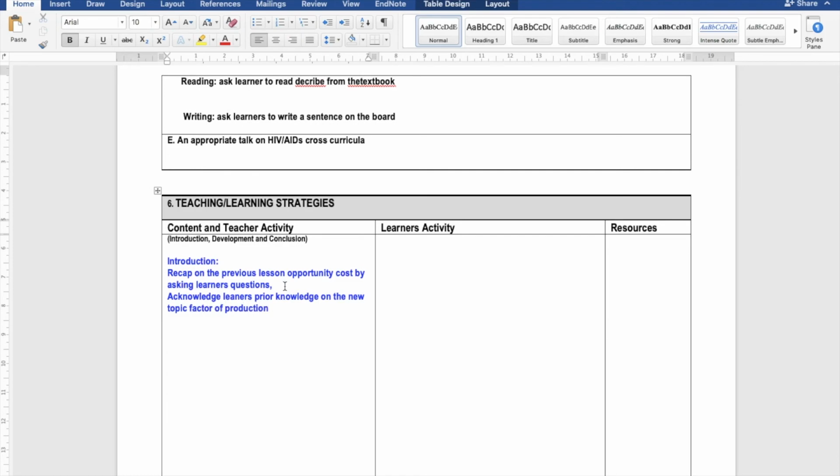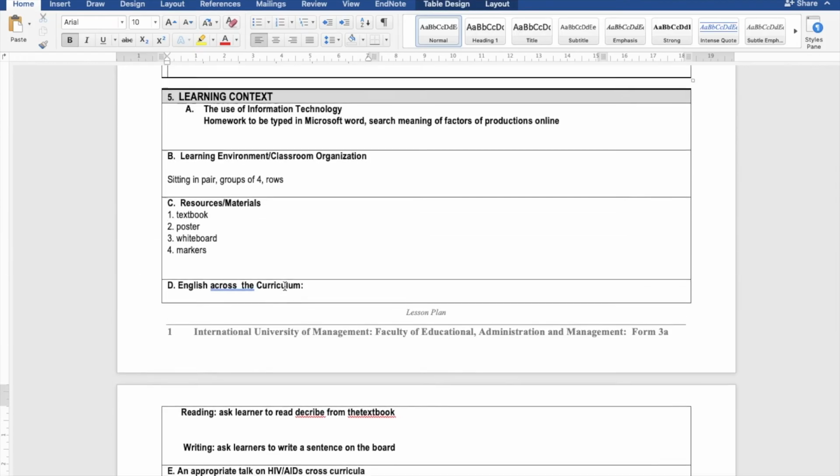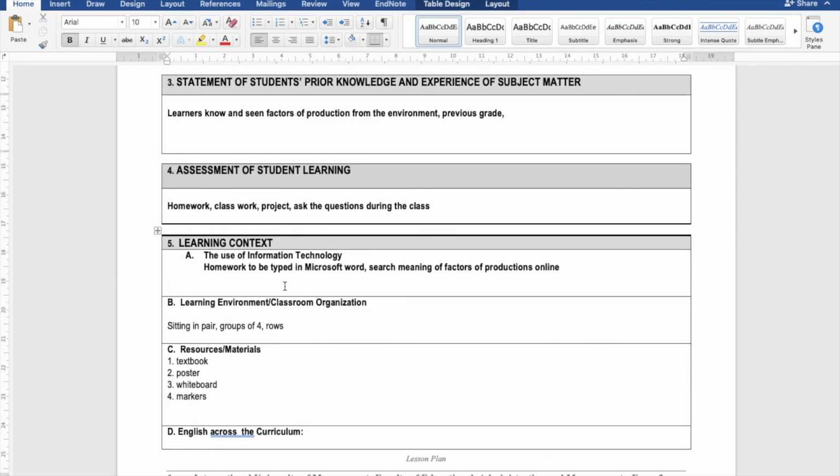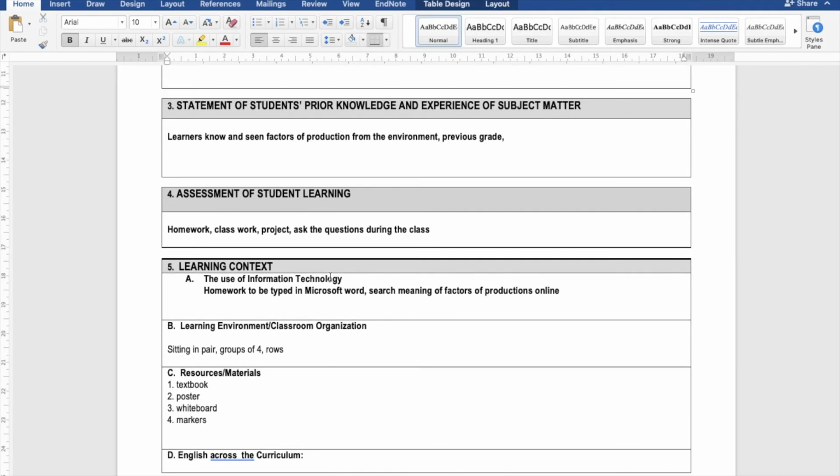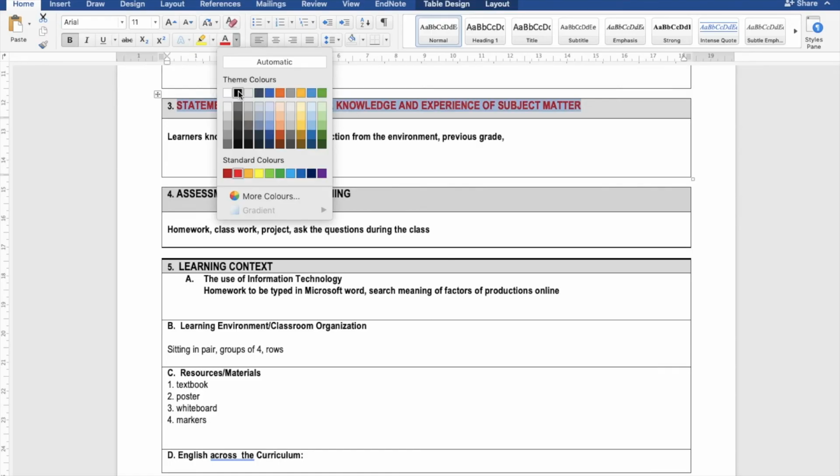All right. So how to acknowledge? You remember we have this statement here. The statement is actually talking to this now: the statement of learners' prior knowledge and experience. So it should be connected to that statement.